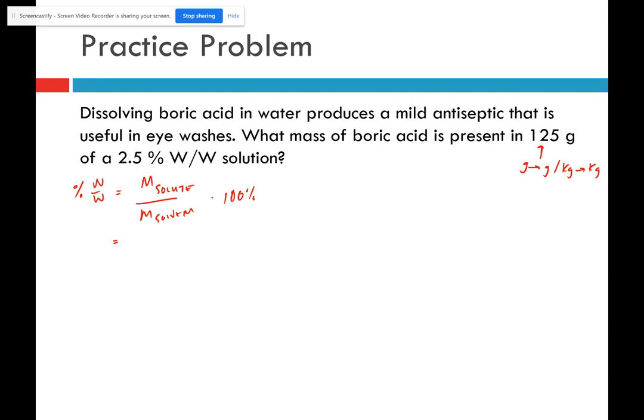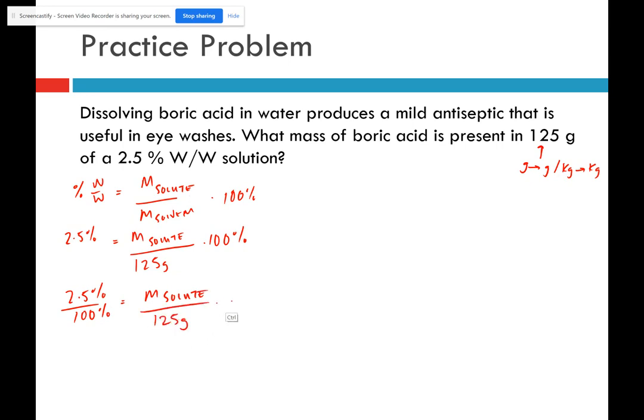So we know this is a 2.5% solution. We don't know how much boric acid is in it, so this is our unknown. But we do know the entire solution is 125 grams. So to get rid of 100, we're going to divide both sides by 100. And to get rid of 125 grams, we're going to multiply both sides by 125 grams.